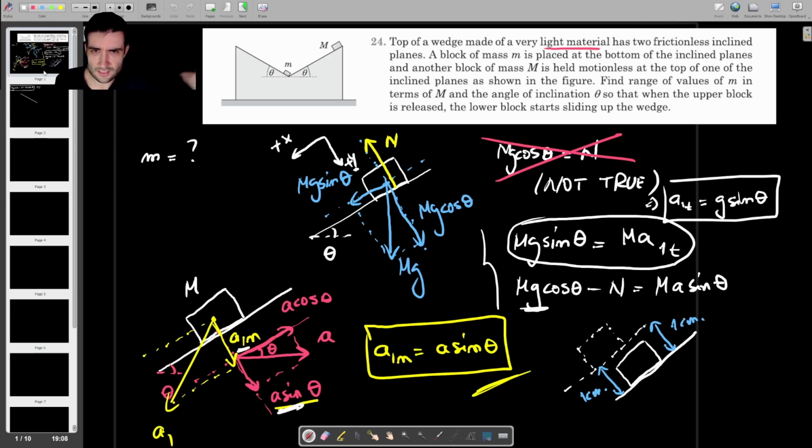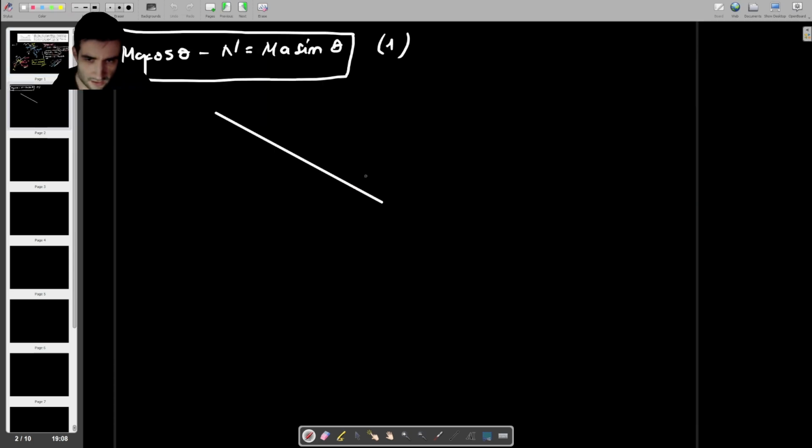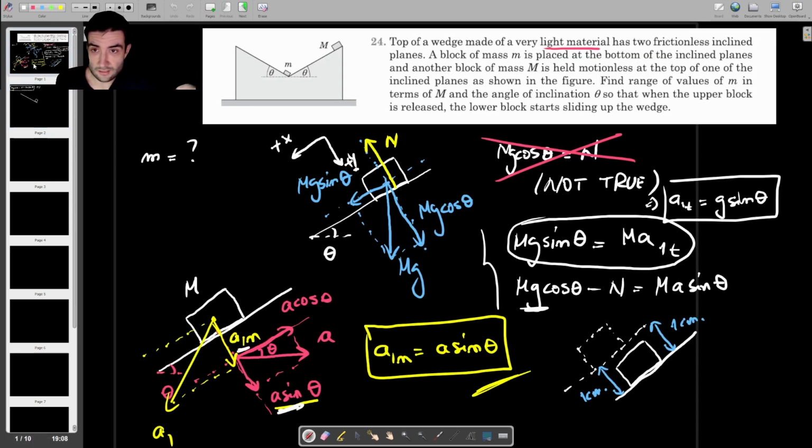So let's understand when that would happen. So if small m starts climbing upwards, I'm going to draw it like this. When it's resting, there has to be some kind of reaction force holding it, because there's no friction, so it has to be held by this reaction like this.